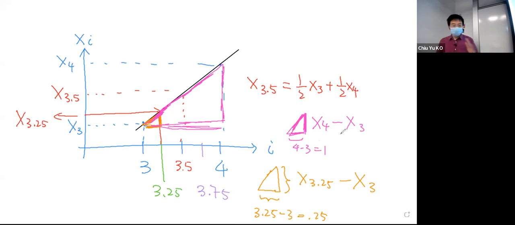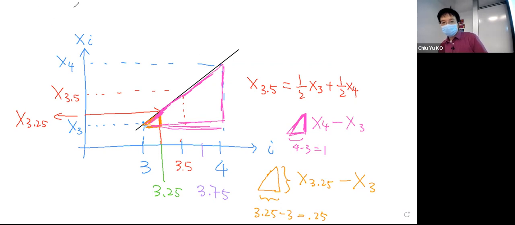So obviously, you know, the orange triangle is similar to the purple triangle, so the ratios should be equal. Or if you learn tangent, it's a right angle triangle, so this over this should be the same as this over there. Similar triangle. So what we have is the following.